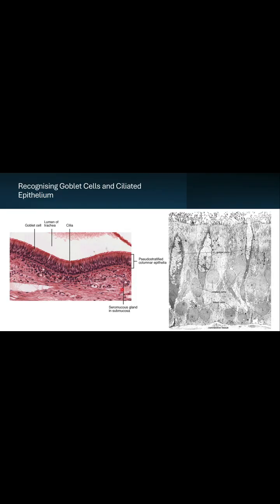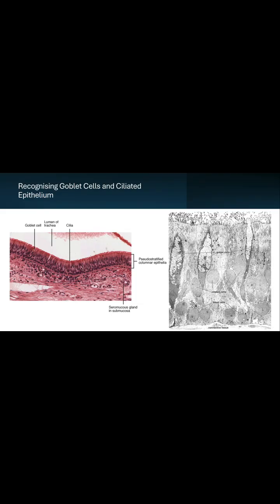Here we can see we have a mucus gland, which I don't believe you should be asked to recognize. It's not on the criteria, but if you were, you can see it's a circular type of image, and you should be able to see there's a slight vesicle in the center of that circle.